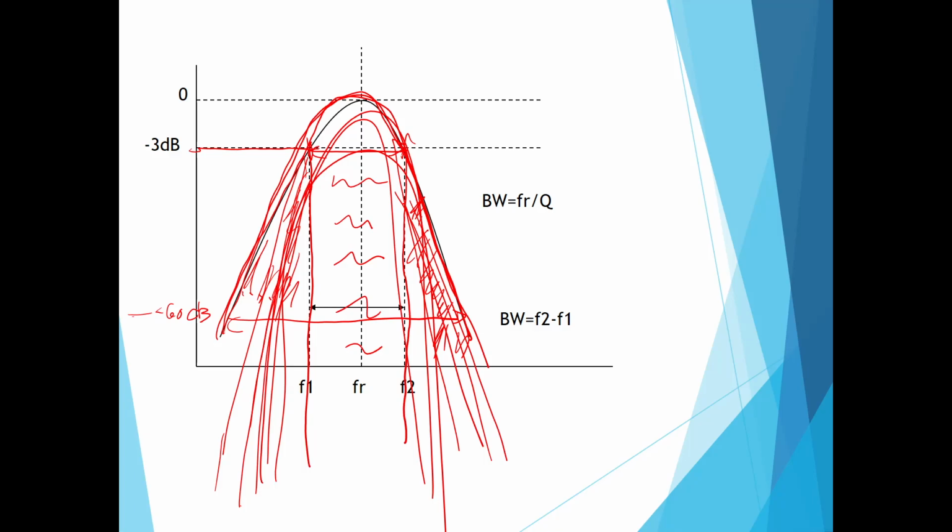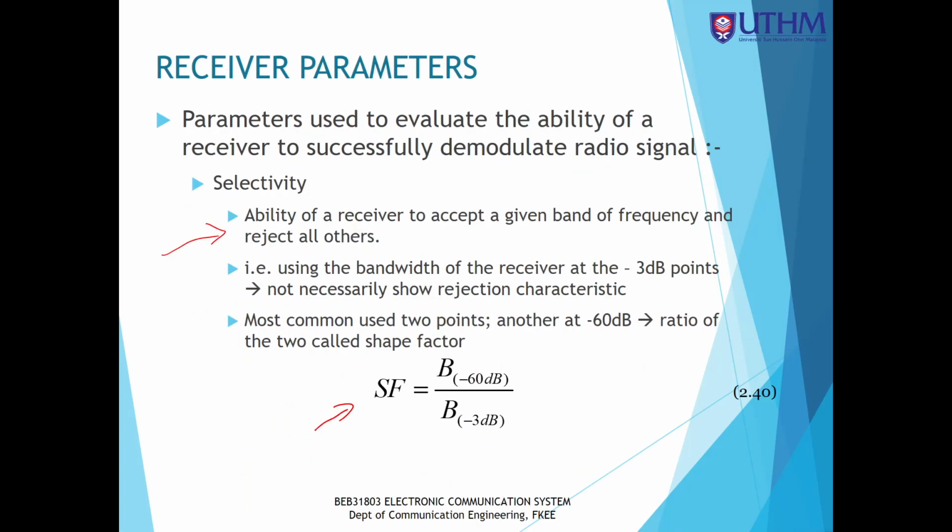If the selectivity factor is less than, we actually want the bandwidth here to be similar to the bandwidth of minus 3 dB. So if the selectivity factor is equal to 1, which is the ideal case, it will be much better, so we can remove all the unwanted frequency components.